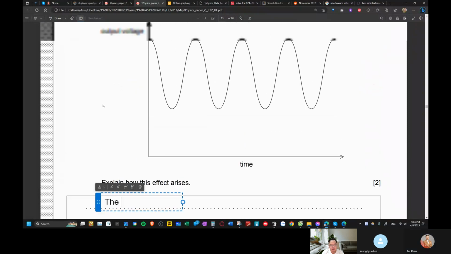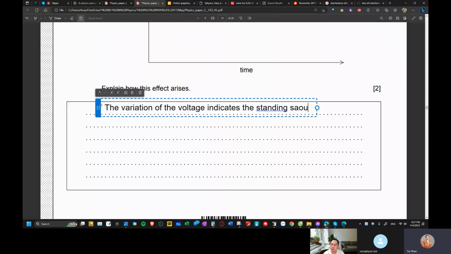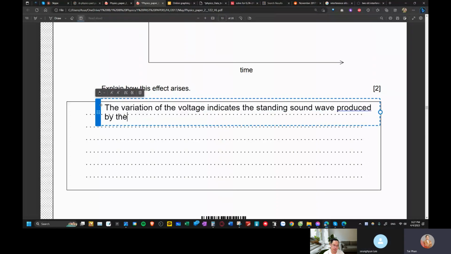The variation of the voltage indicates the standing sound wave produced by the superposition of the two coherent waves. Coherent waves mean same frequency, same wavelength.